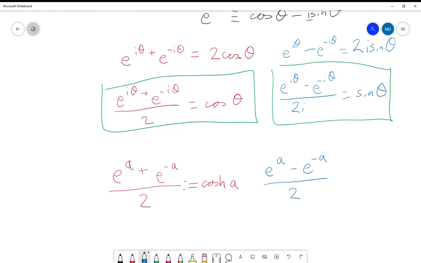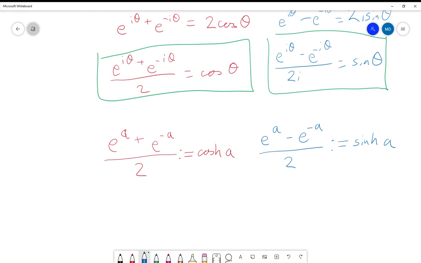And the second is sinh a. These are the definitions of our hyperbolic cosine and our hyperbolic sine, and they're often pronounced cosh and shine, respectively.